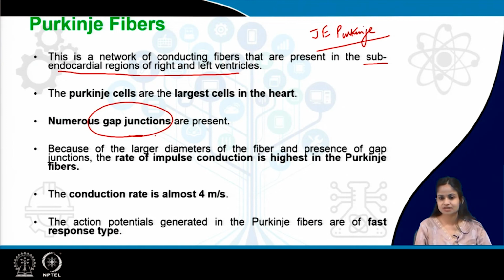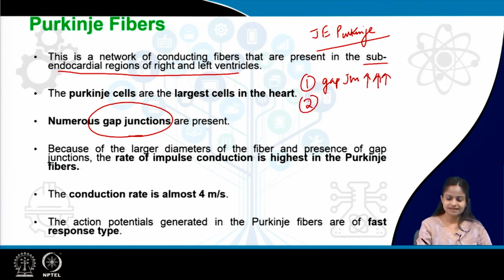Now, why is the conduction fast? The first point is that gap junctions are present in large amount. The second point is the fast action potential, because the ventricular muscle has a resting membrane potential of minus 90 millivolt.